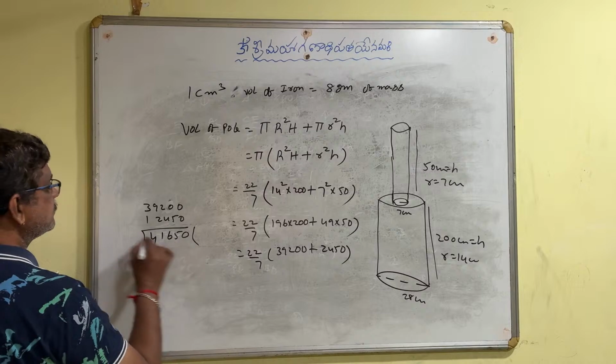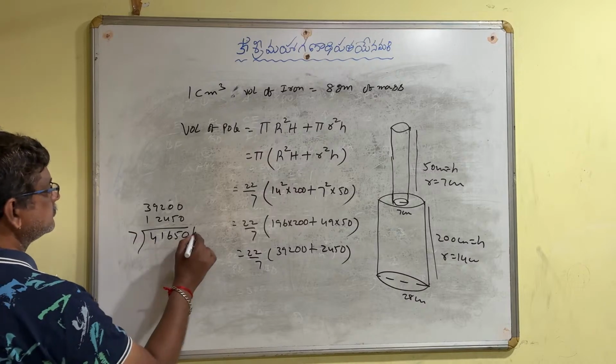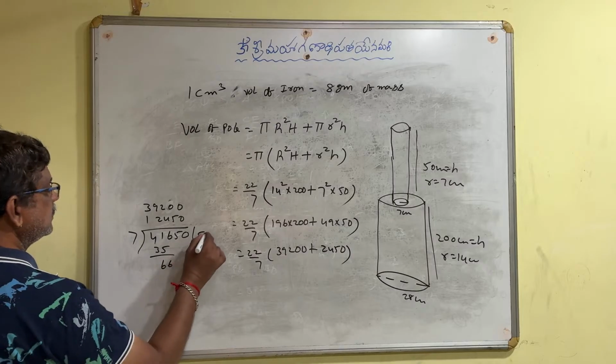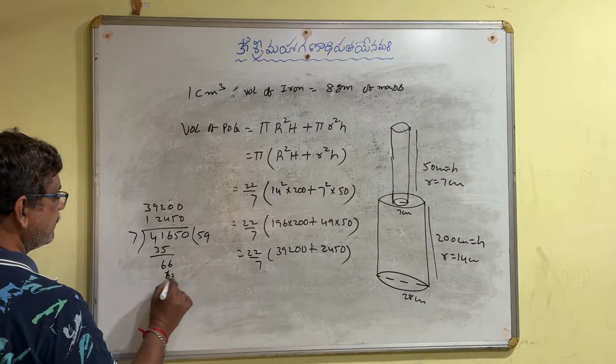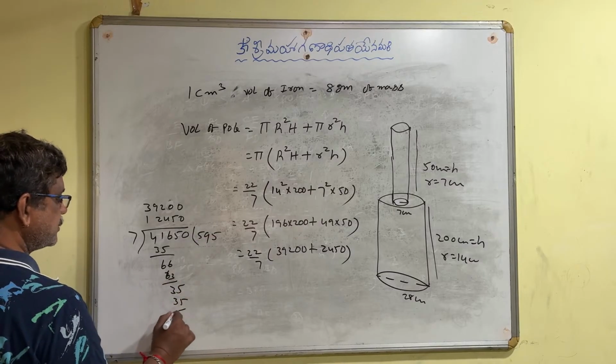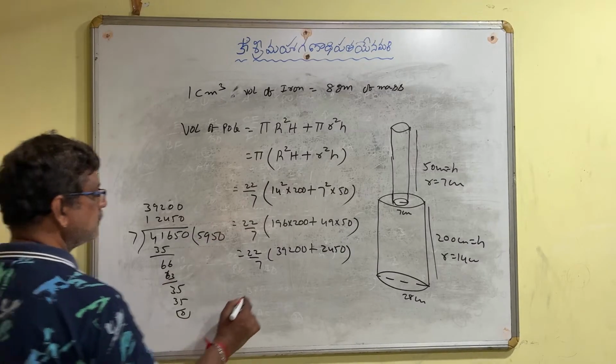And we need to divide this with 7. 7 5s are 35, 7 6s are 42, 7 9s are 63, 7 5s are 35, 0.